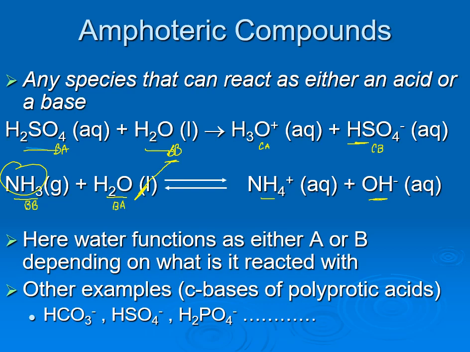Likewise with sulfuric acid, after it's lost a proton, you have hydrogen sulfate, the polyatomic ion. That can either lose or gain. And then we have the dihydrogen phosphate, or if you lose another proton, the monohydrogen phosphate. All of those coming from phosphoric acid, and those would be able to either lose or gain protons accordingly.